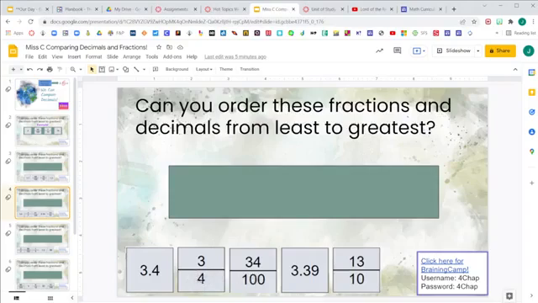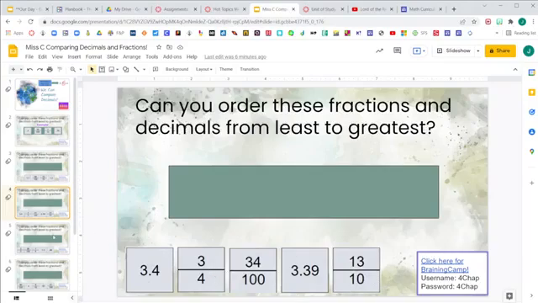So 4 groups of 25 make $1. So if we think about that, then if we had 3 quarters, 25, 50, 75, this fraction would equal 75 hundredths. And then you would be able to compare to the rest of these.